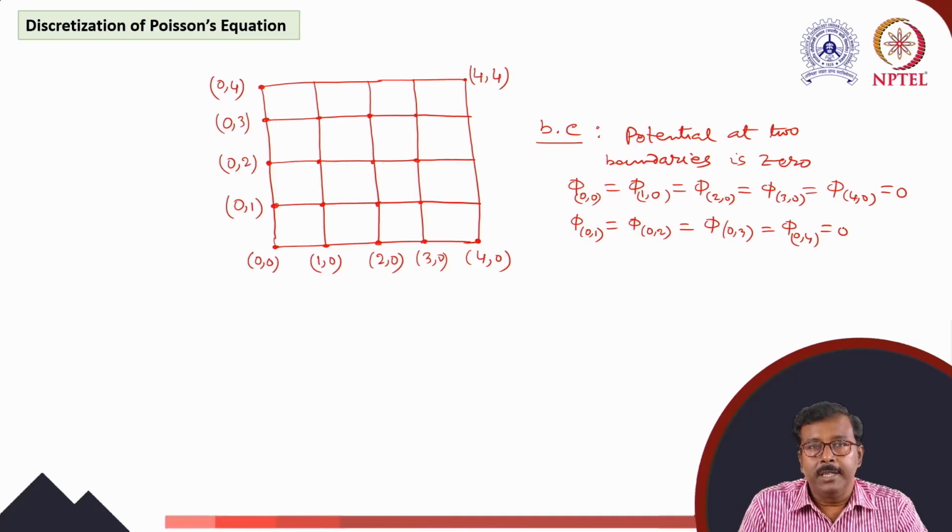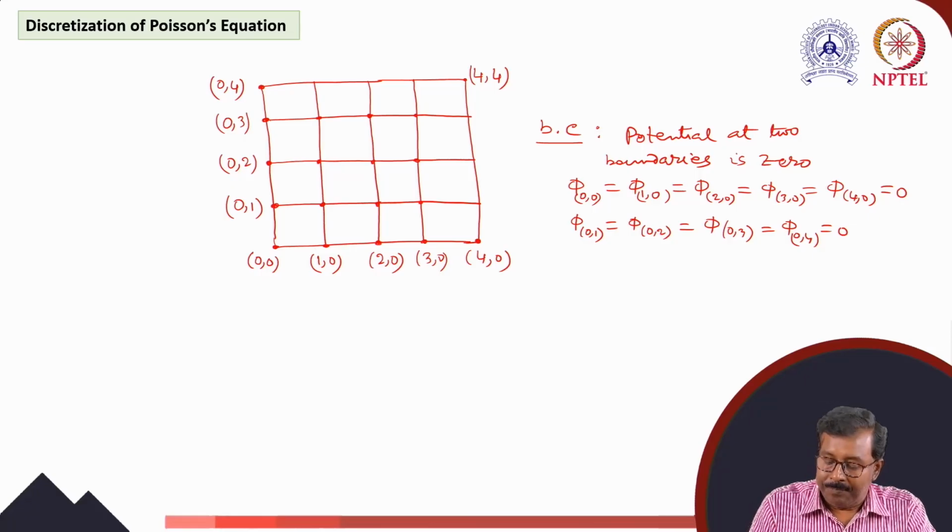For simplicity, instead of phi 0 0, let us write simply phi with suffix 00, no comma, no bracket. This is for our simplicity of writing the equations.